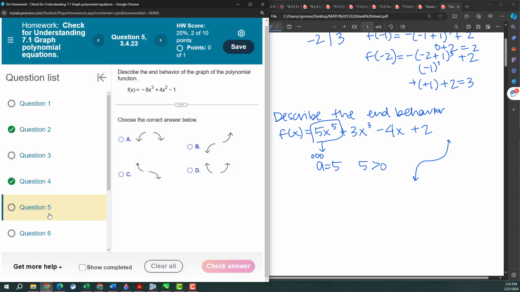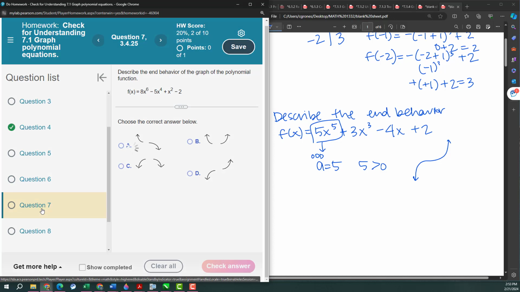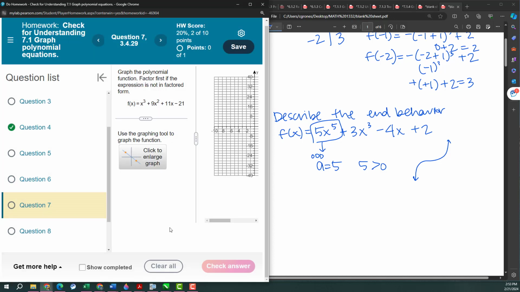I'm not going to look at 5. I'm not going to look at 6. Let's look at number 7. It says graph the polynomial function, factor first if the expression is not in factored form.